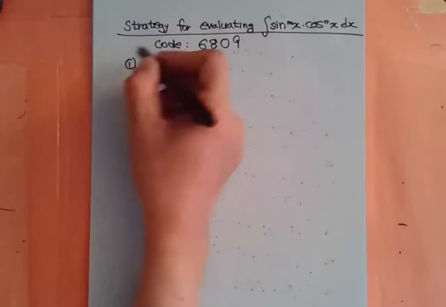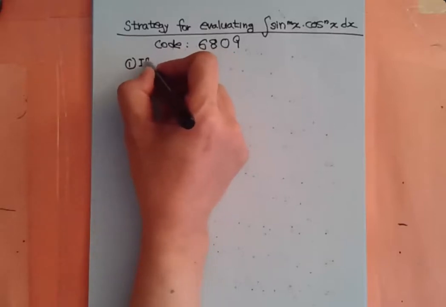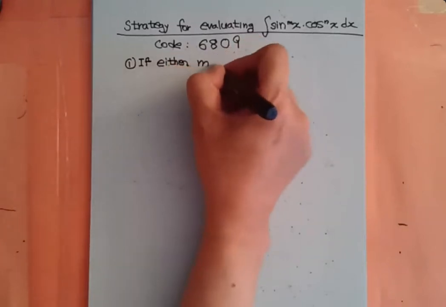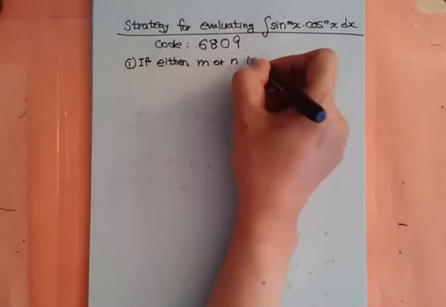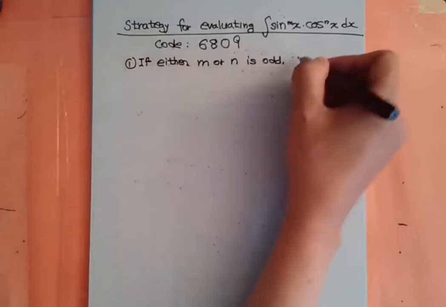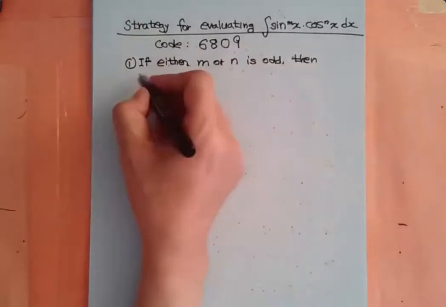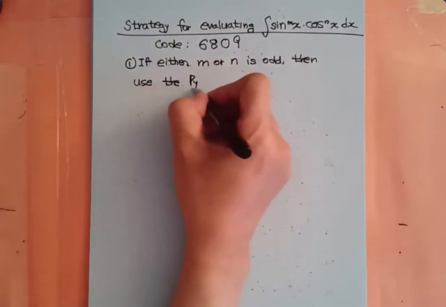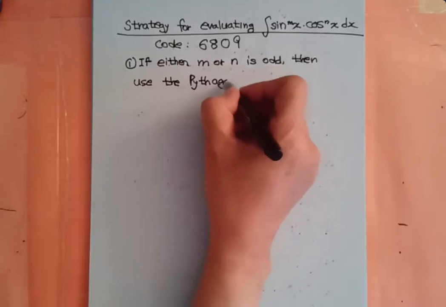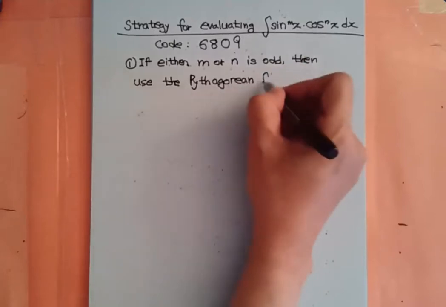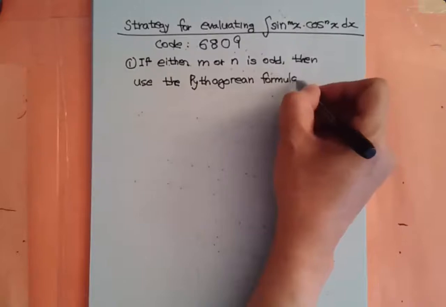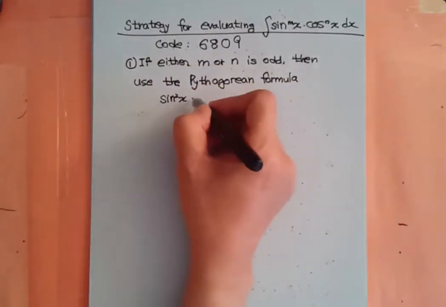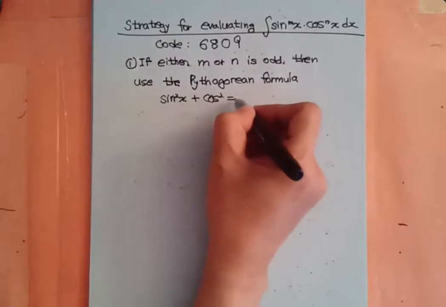The first case looks like this. If either m or n is odd, then we will use the Pythagorean formula, which was sine squared plus cosine squared equals 1.